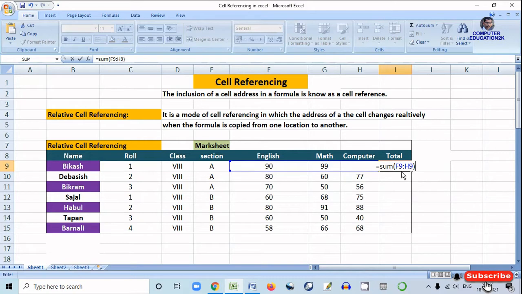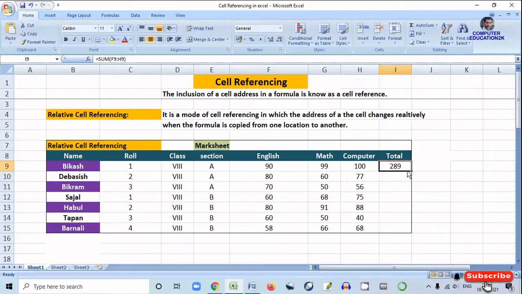You can see the cell number is here F9 colon H9. F9, this is F9 and this cell is H9. And if you press enter, the total for the first student, that is Bikash, will be found. So the total is found over here.